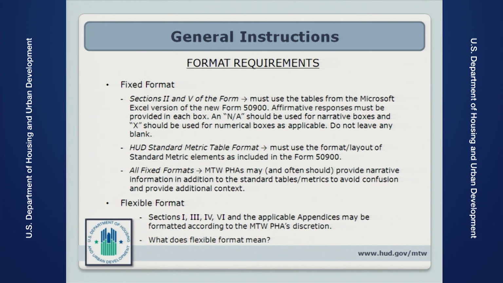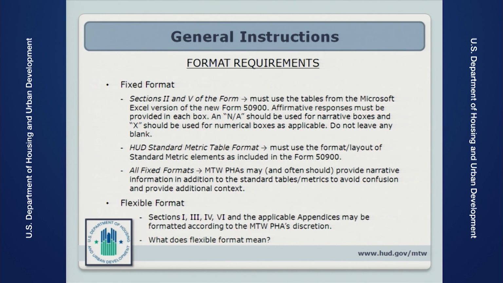The fixed formats in sections 2 and 5 are not the only information that you can provide in those sections. Often it's going to be the case where a little bit of narrative to set up the tables or to clear up any confusion may be necessary. So again, while you need to copy and paste the tables into sections 2 and 5, you may provide additional information on top of that.